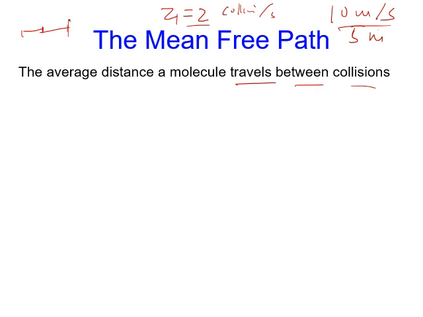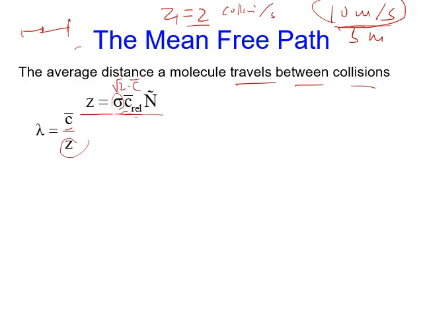So in general, the mean free path is the average speed, in this case 10 meters per second, divided by the collision frequency. The collision frequency we just derived is the cross-section area times the relative speed, or the square root of 2 times average speed, times number density.